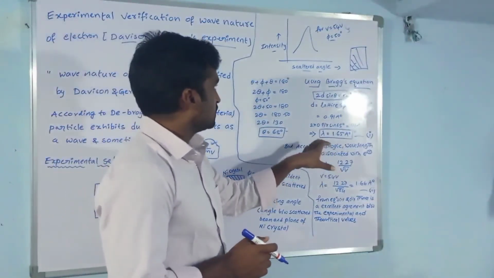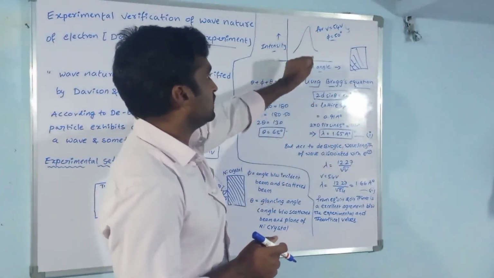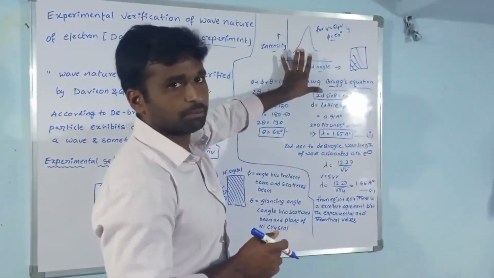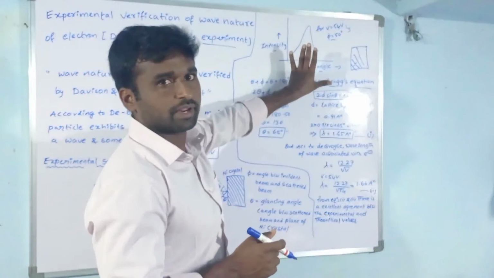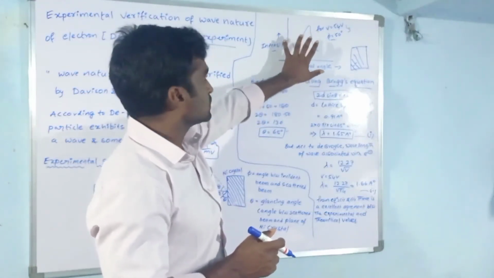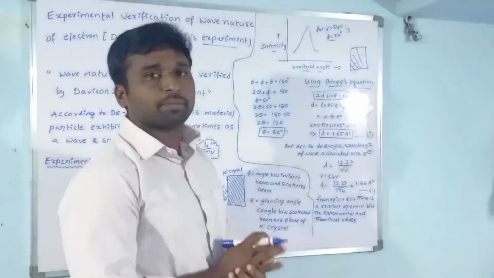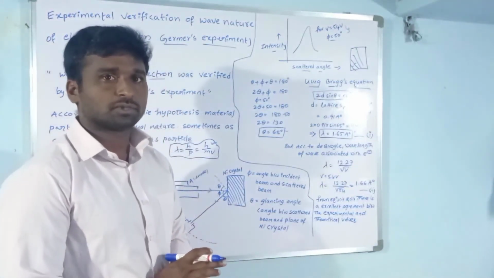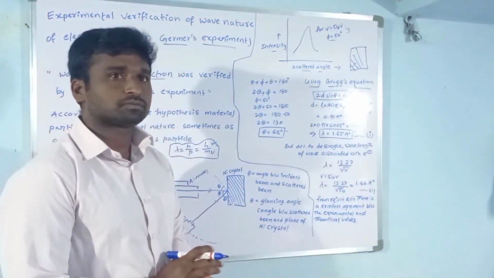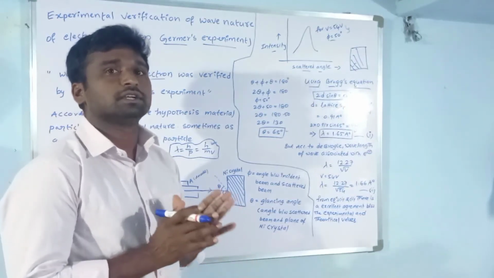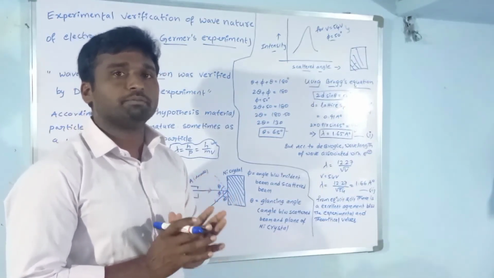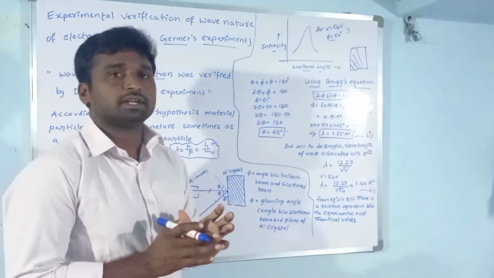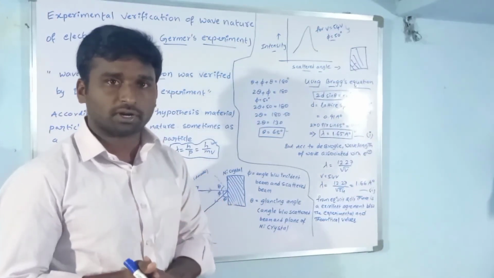So how can we find the wave nature of the electron? From this diffraction pattern. This pattern represents the wave nature of the electron. That means we will say that the electron, a moving matter, behaves as a wave, and sometimes matter behaves as a particle.